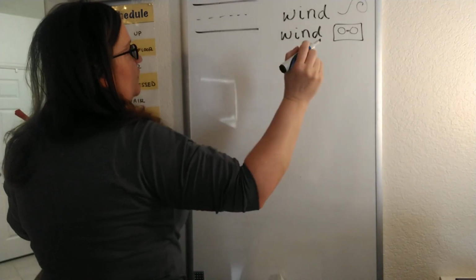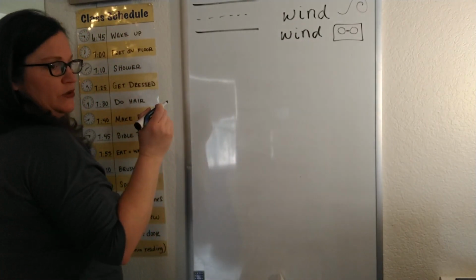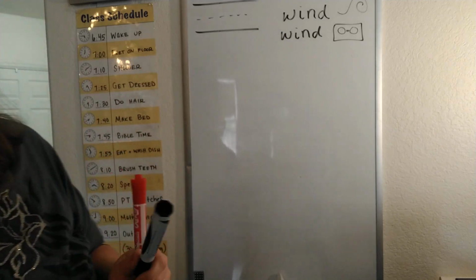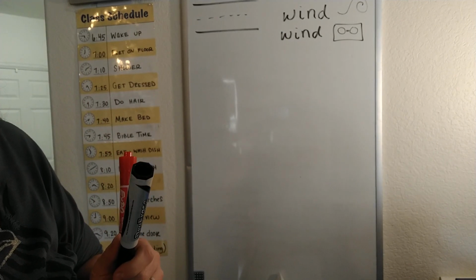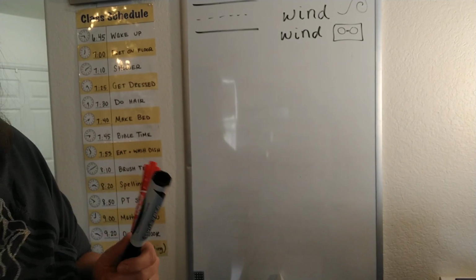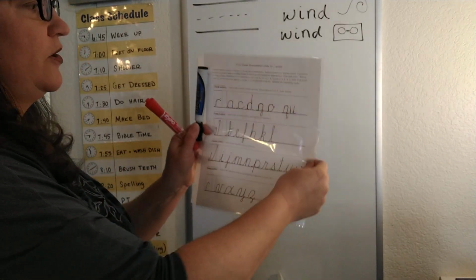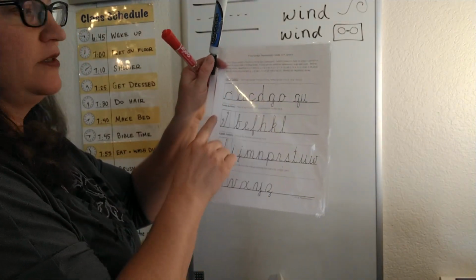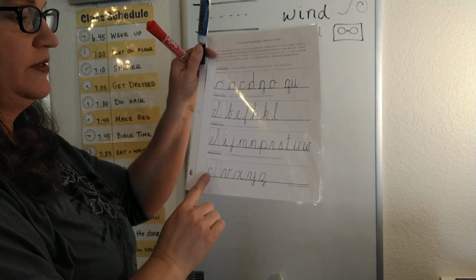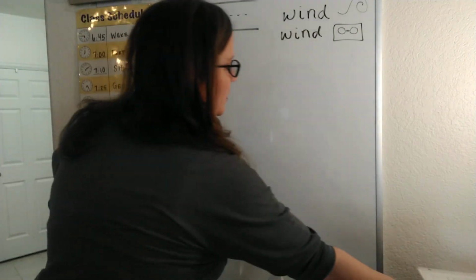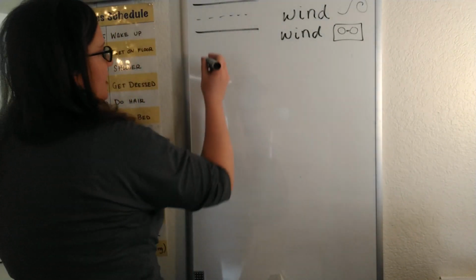For cursive, W is an uphill letter. Let me pull those out again really quick. So remember in our cursive, we've got clock letters, loop letters, uphill letters, and bump letters. So W is an uphill letter.